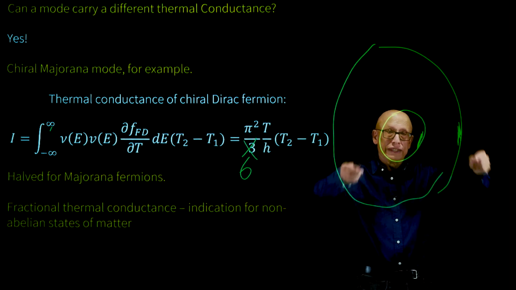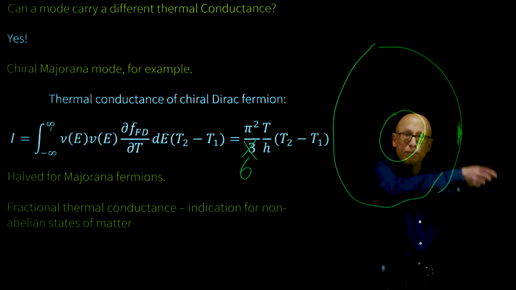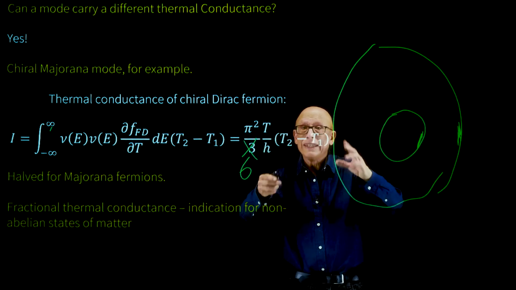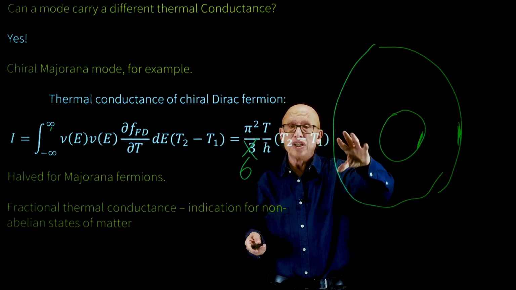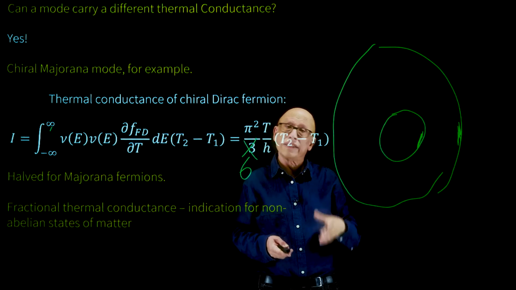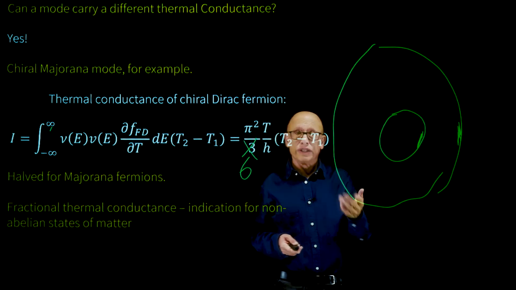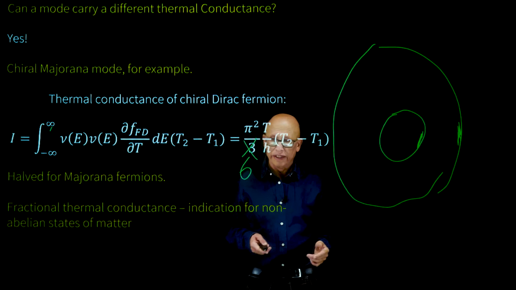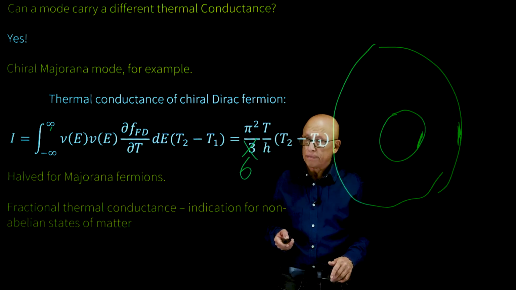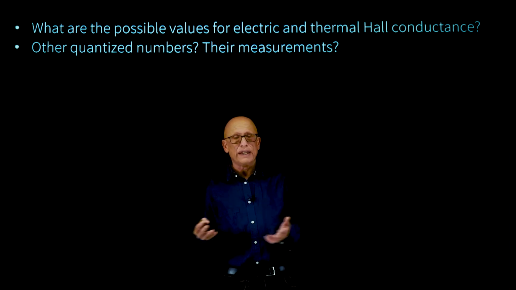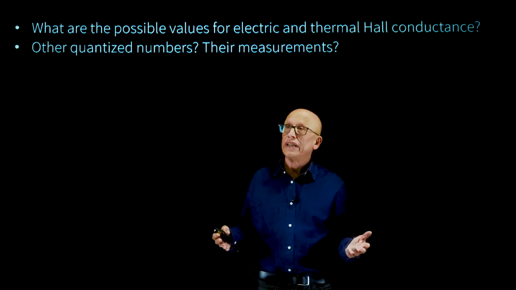And therefore, the thermal conductance that we talked about should be discussed in the context of the edge. The bulk doesn't carry this thermal conductance. It is gapped. It cannot carry thermal energy, at least as long as temperature is much smaller than the temperature of the gap. So to conclude, we looked at thermal and electrical conductance of edges.